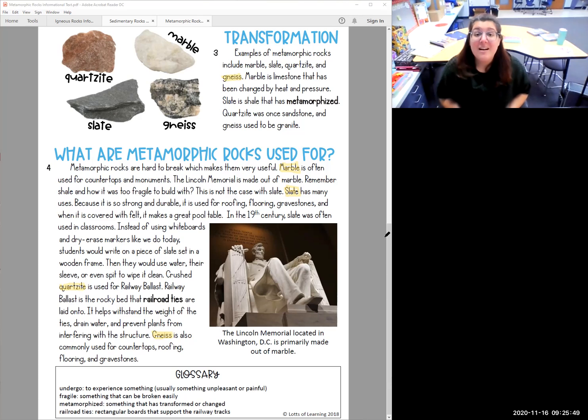We're getting our information so that we can write knowledgeably on our topic. Remember that informational essays are meant to inform people, and we must assume that our readers know nothing about rocks. So we have to inform ourselves first so that we can share that knowledge with other people.